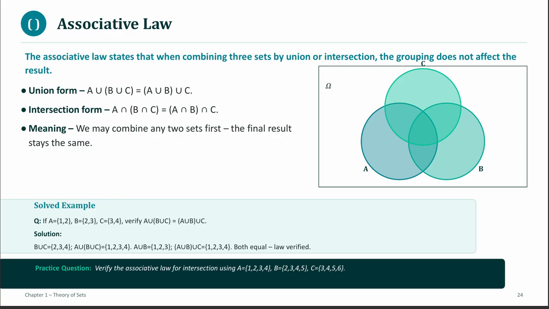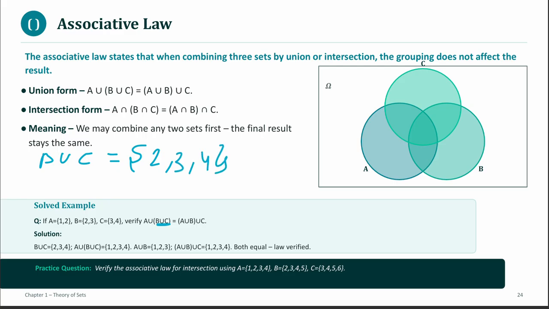A is equal to 1, 2, B is equal to 2, 3, C is equal to 3, 4. Verify A union (B union C) is equal to (A union B) union C. First of all, let us solve this part, B union C. When I do B union C, what will I get? 2, 3, 4.